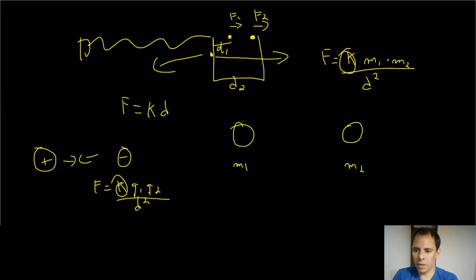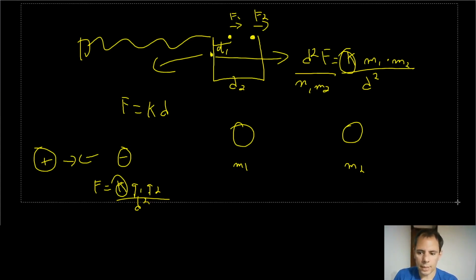Well, the K is going to be the force times the distance squared divided by m1 times m2. You're just going to isolate K over here. So if m1 and m2 are in slug, the value of K is going to be one value. If the distance is in meters, the value of K is going to be another. If it's in kilometers, it's going to be another. So the value of K depends on the units that you're using. All right. Now, knowing that, that's a little bit of physics.